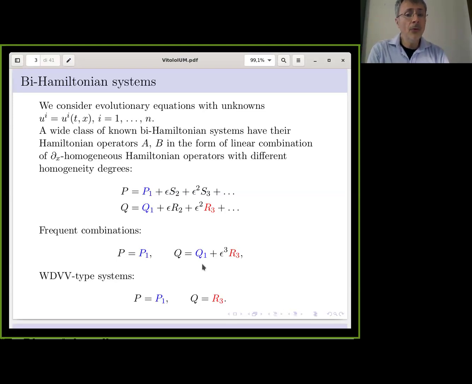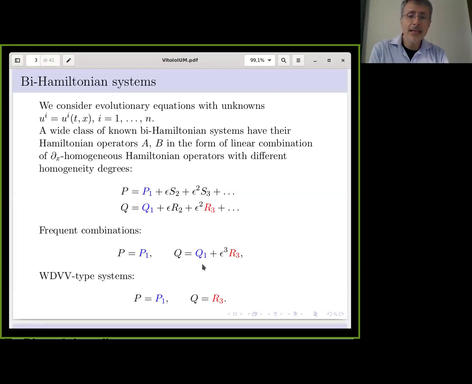Anyway, what we would like to discuss today is that there are many systems where the Bi-Hamiltonian pair is not of this form. It does not have, in one of the members of the pair, the first order part, or first homogeneity degree. So this means that we have a pair of operators, one of first order, another of third order, for example.